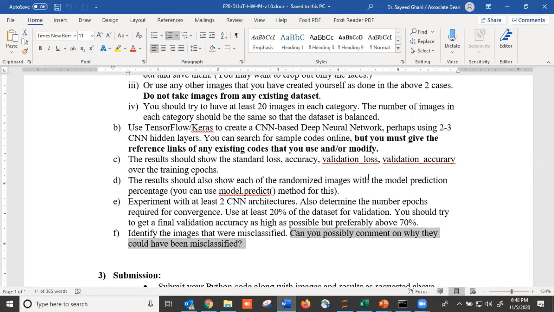Or maybe you have absolutely no idea, but just think about it, all right? Think about why a particular case was misclassified. You should be able to see which images were used for training and which were used for validation. Then based on the training, you might be able to say, okay, the validation data image looked very different from the training data, and that's why it was misclassified, okay? That was the question.